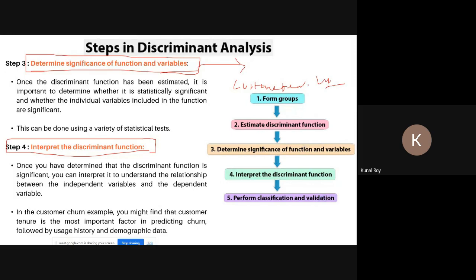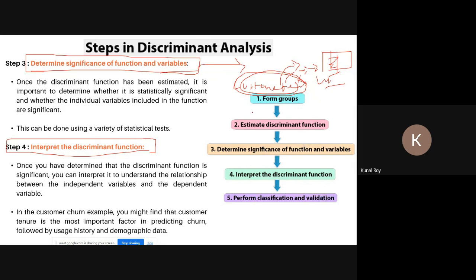This tenure is considered as a function. As you have learned in your basics in Python what a function is, we can take a function and try to interpret or evaluate it, to determine what type of data can be considered to form a group. So we can interpret, clarify, or classify this discriminant function.